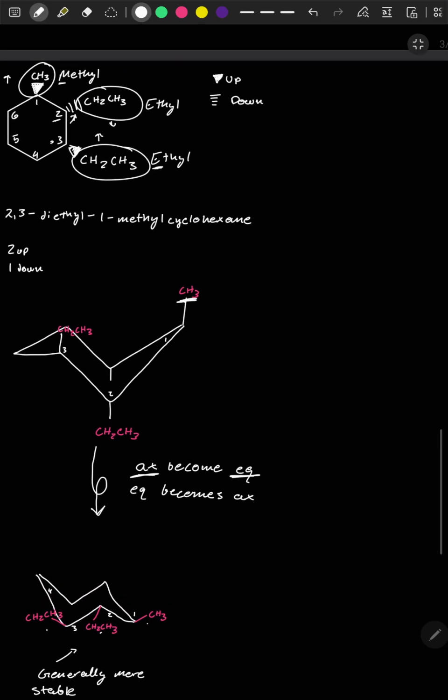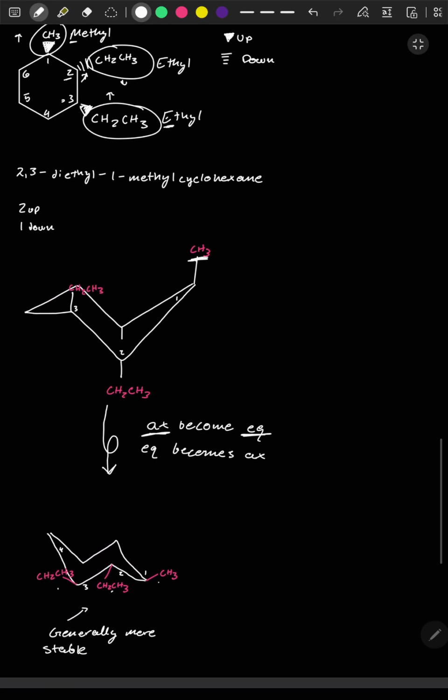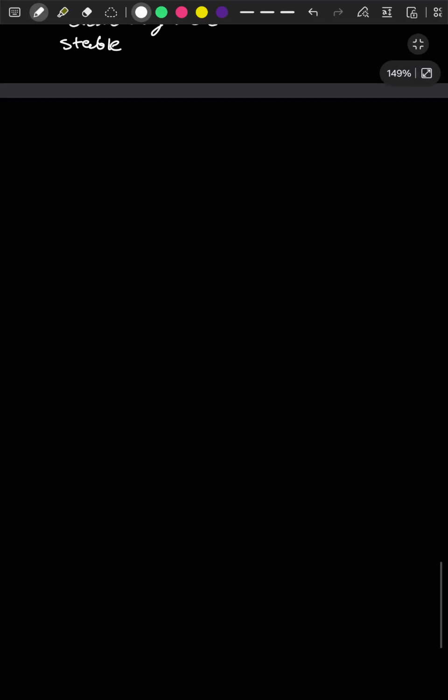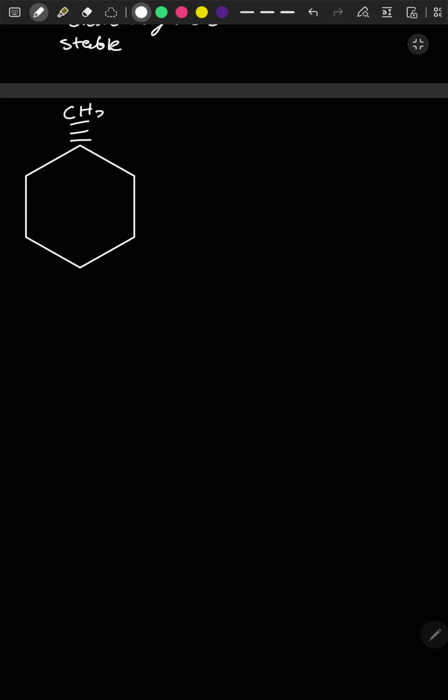So the next one I did was mostly, actually, we'll just go to the next page for this one, just so I have enough room. The next one I did was mostly the same, except I just flipped this one to being down, and then this one continued to be down, and then this one continued to be up.